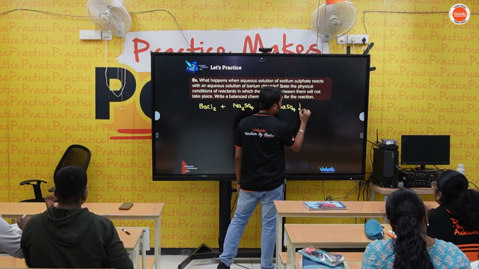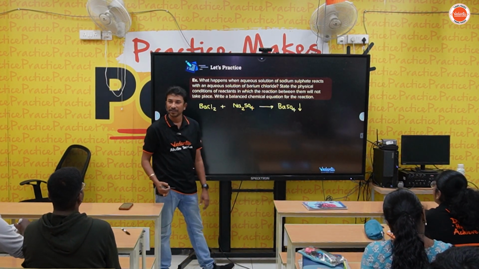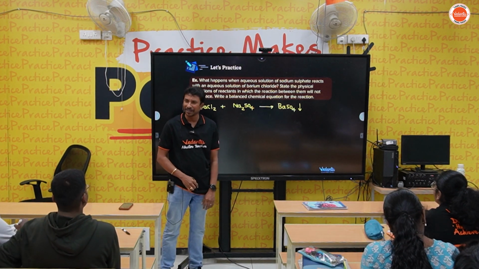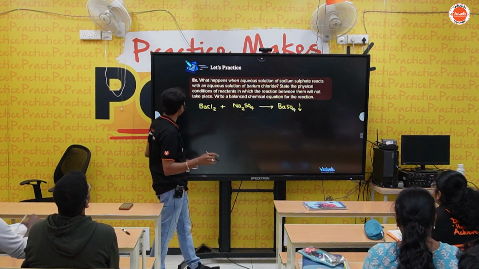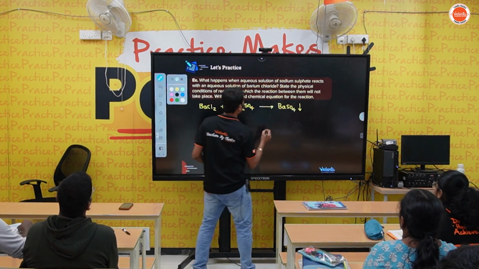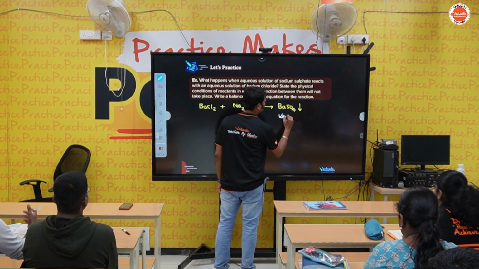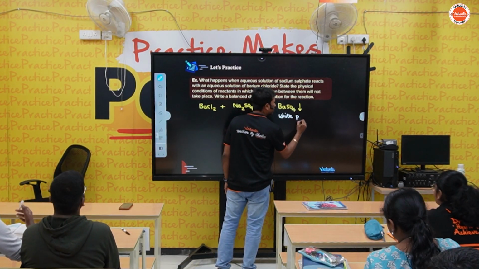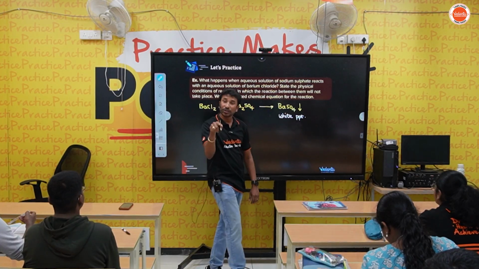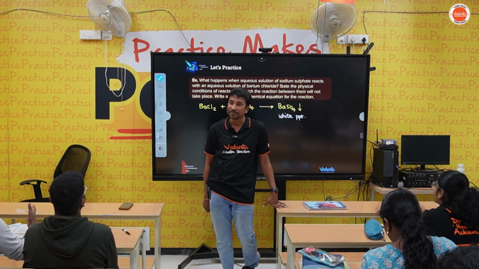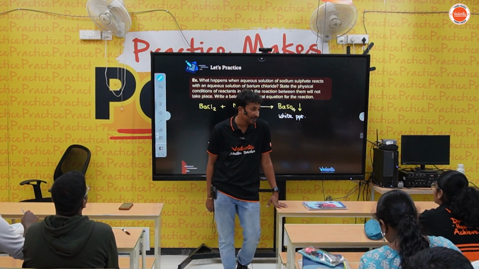What does this mean? It's a precipitate. Do you know the color of the precipitate? It's a white precipitate, right? So very important, barium sulfate is a white precipitate. Do you also know something? Even BaSO3 is also a white precipitate. So how do you distinguish them?